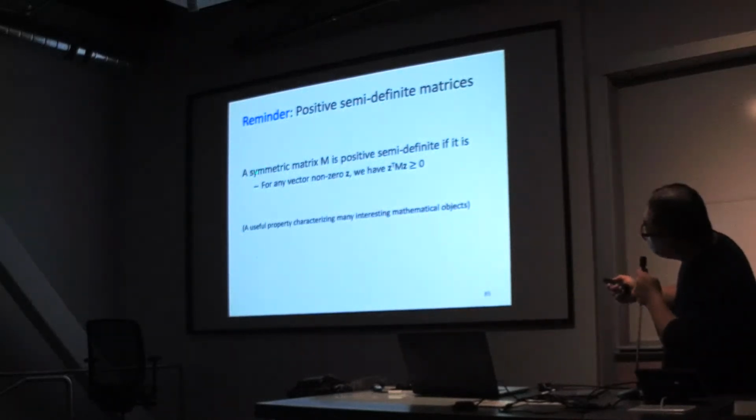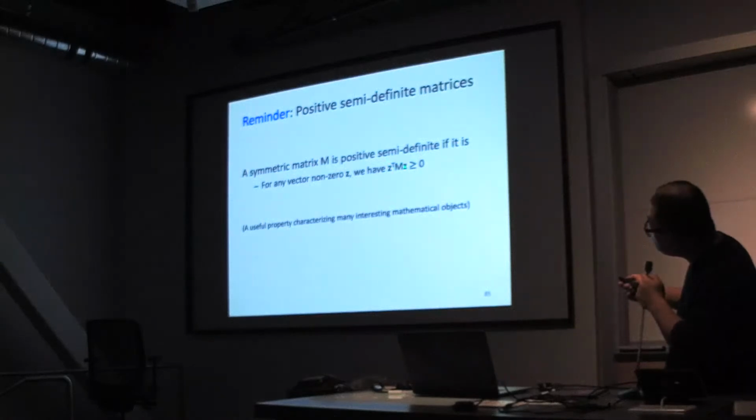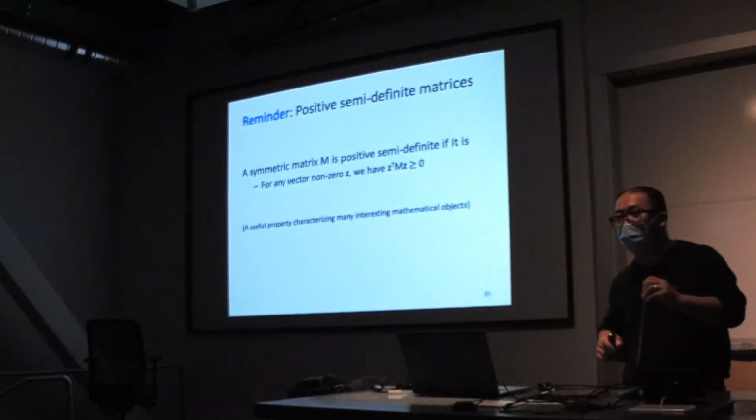We say a symmetric matrix M is positive semi-definite if for any non-zero vector z, this quadratic form is non-negative, namely z transpose M z is non-negative. And z transpose M z, remember, is a number, a scalar, not a vector.